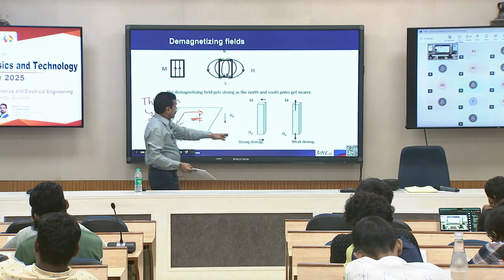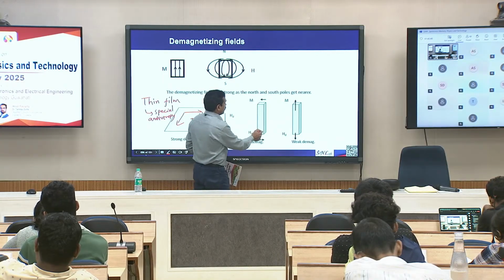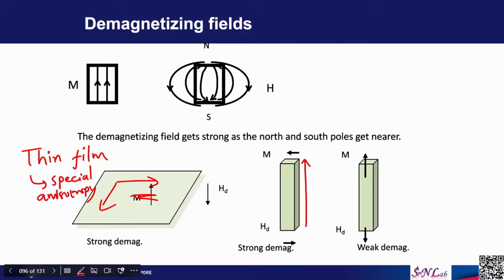So, when you have a magnet of this shape, again when you talk about this direction, the north and south pole are very far. So, H d is negligible, but if you talk about this direction, H d is high. So, the magnetization is not favored along this direction. Yeah.